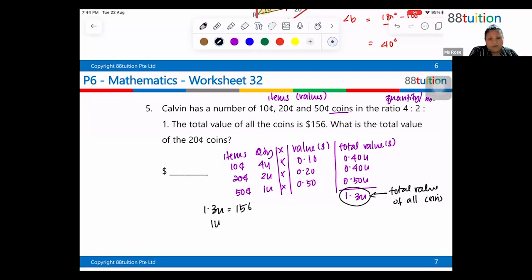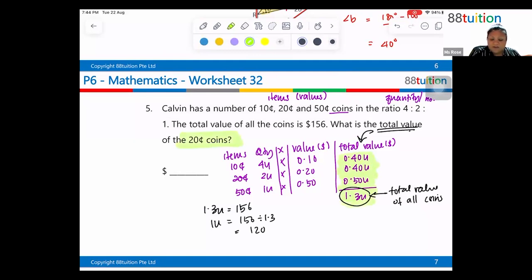That means 1 unit would be 120. So what do I want? I want to find the total value, so it must be in this column. Which one am I looking at? Total value of the 20-cent coins.